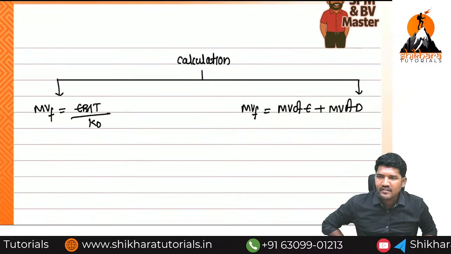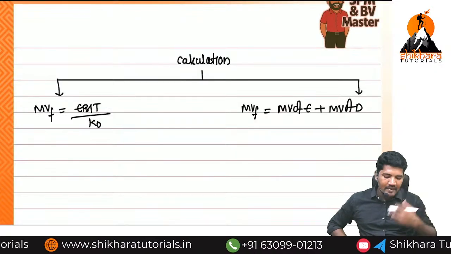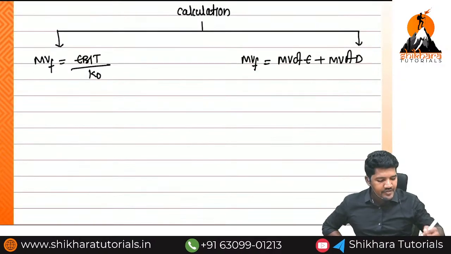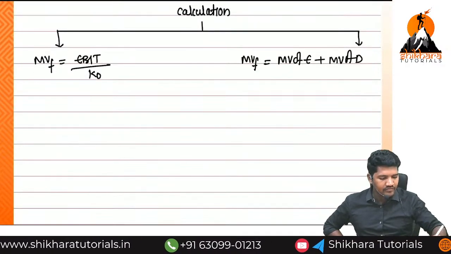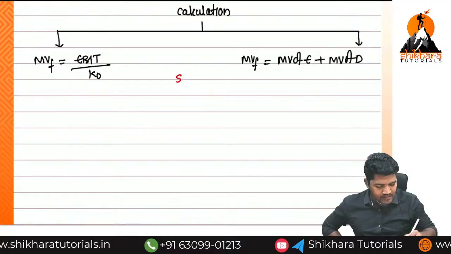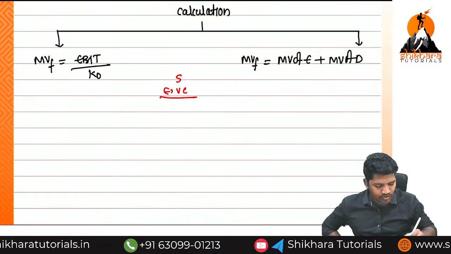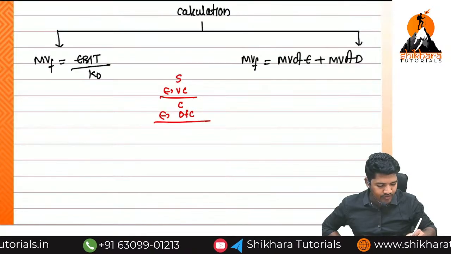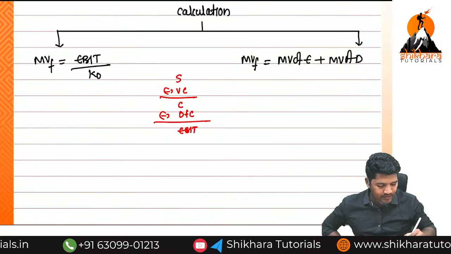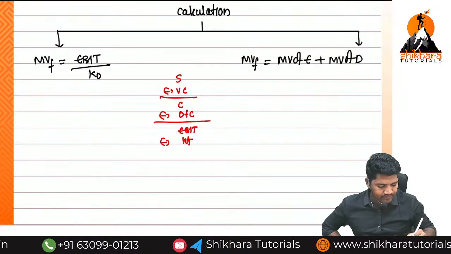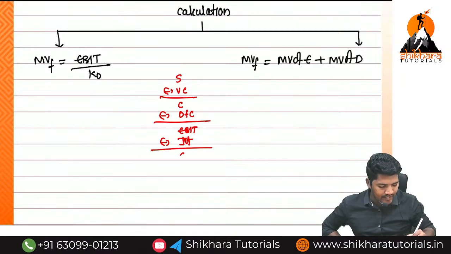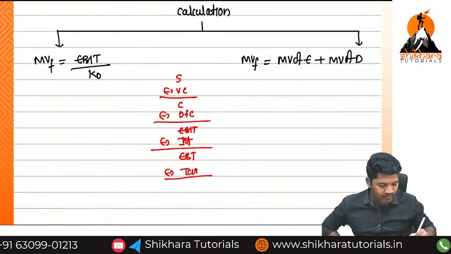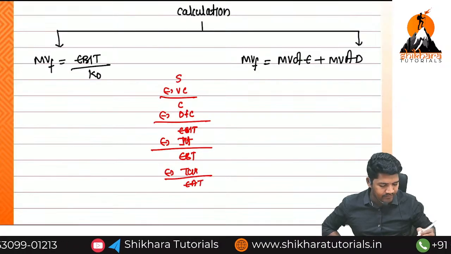Sir, why did you take EBIT and why KO? As per our income statement, sales less variable cost gives contribution, less operating fixed cost gives EBIT, less interest gives EBT, less tax gives EAT.